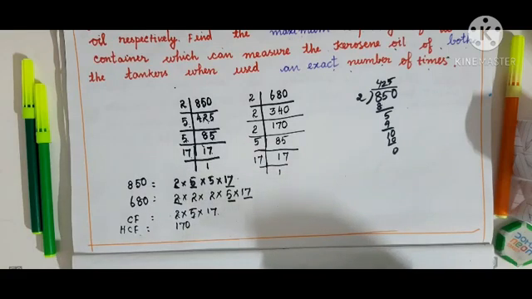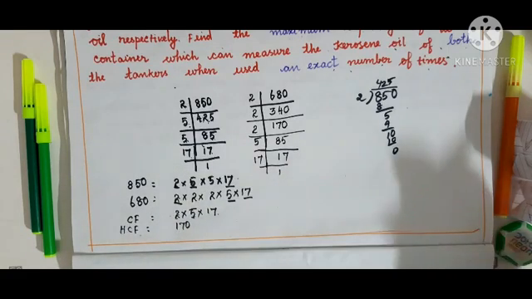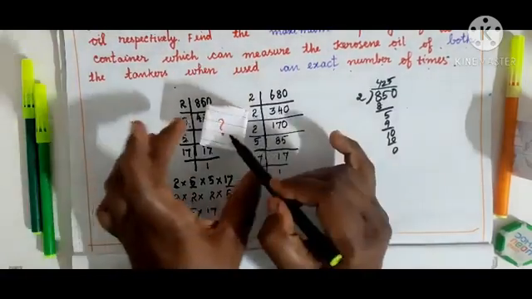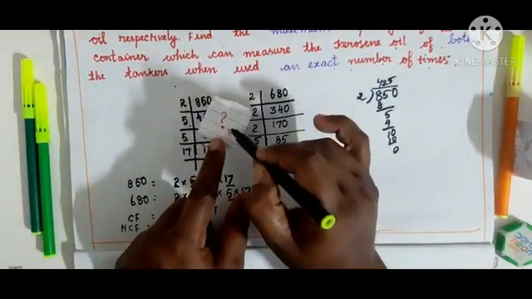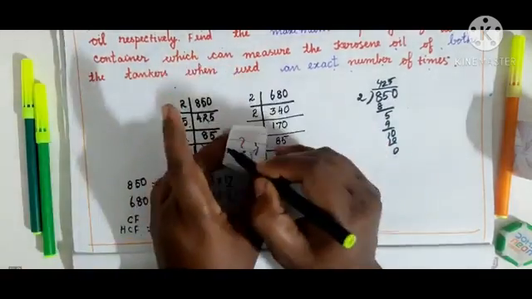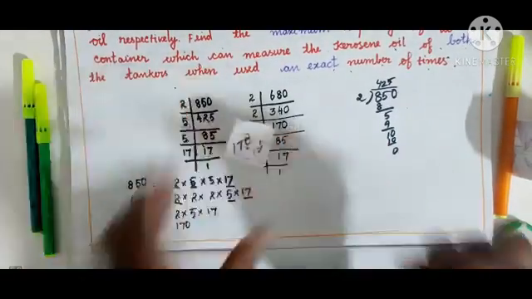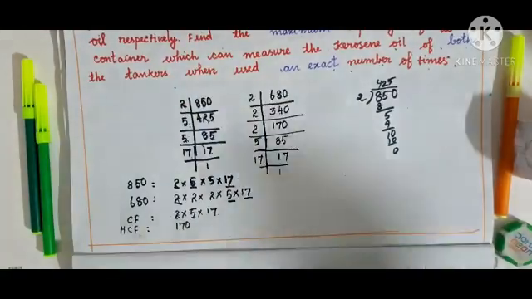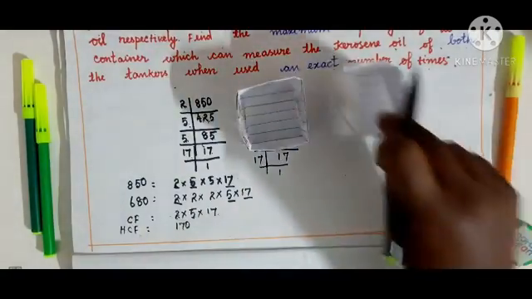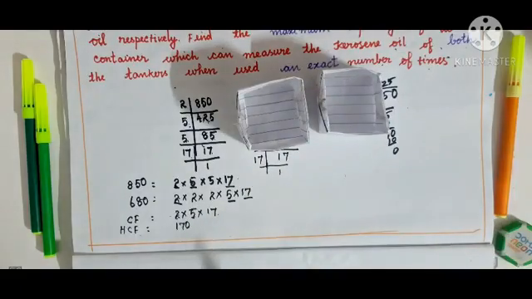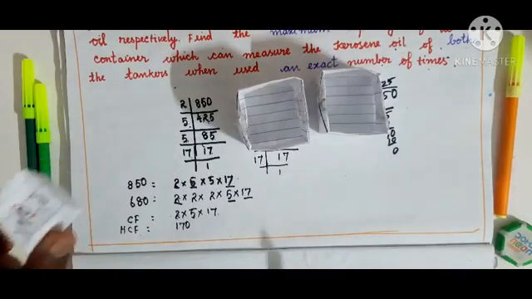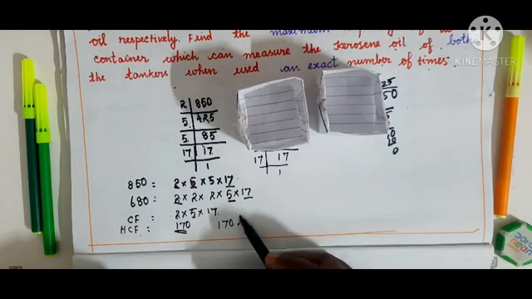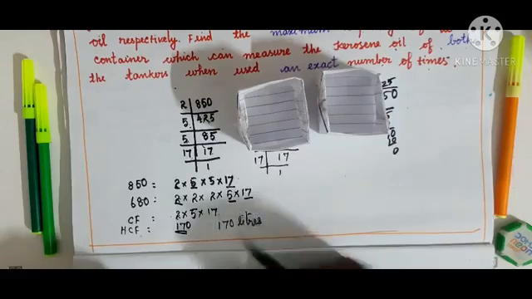Right? So the maximum capacity of the required container is what? This question mark will become what? 170. Okay. So if I have two containers, that is 850 and 680, this container will be 170. So the HCF is 170. So that becomes 170 liters.